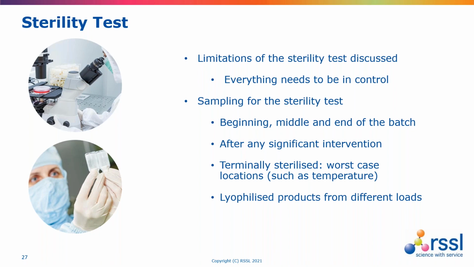But there is some advice about making the sterility test more sensitive, so giving thought to the sampling, things like targeting beginning, middle and end of the batch after any significant interventions, and with terminal sterilization using knowledge from the thermometric work on the sterilizer to help select locations, and with freeze drying, if more than one freeze dryer is used, drawing from every freeze dryer.